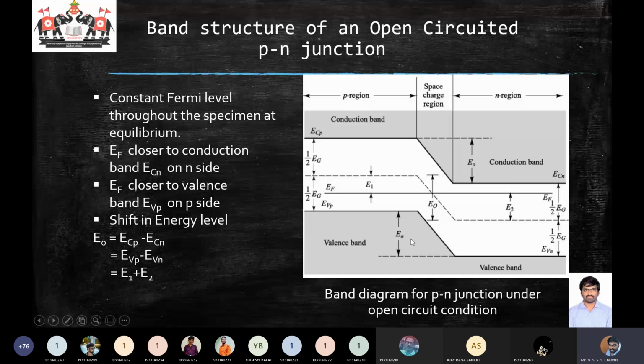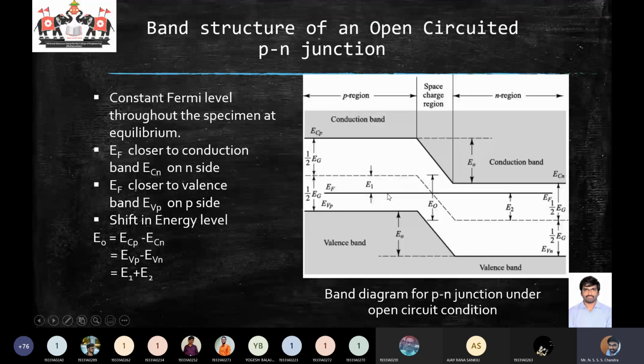Similarly, I can also write E naught as the difference between EVP and EVN. And also I can write E naught as a summation of E1 and E2. E1 and E2 have no physical significance. Just in order to derive, we are using some intermediate variables E1 and E2.